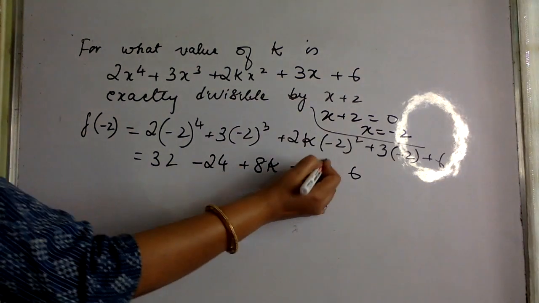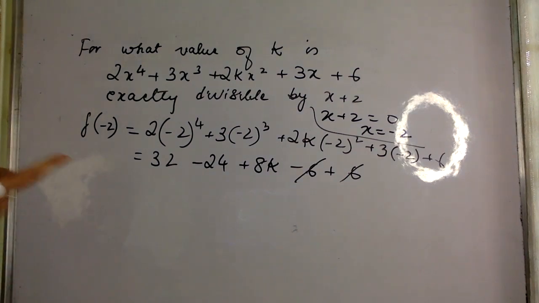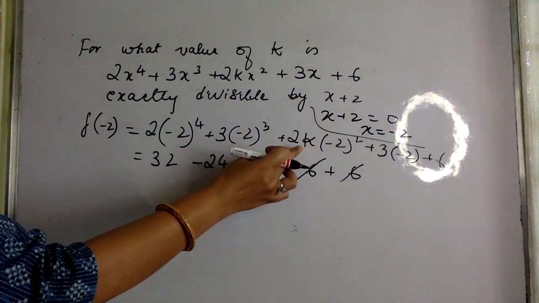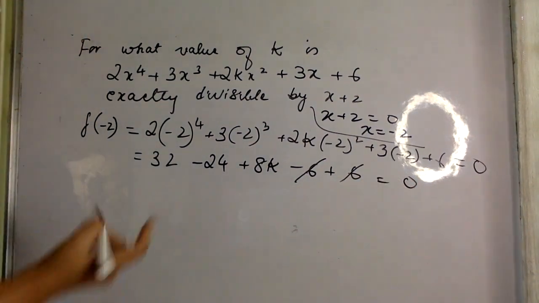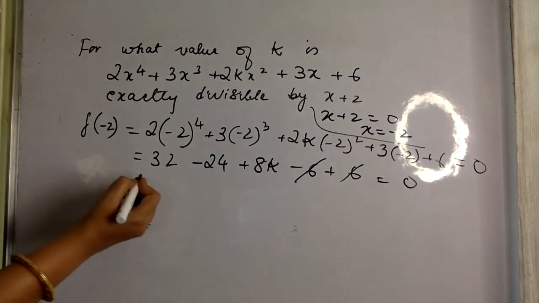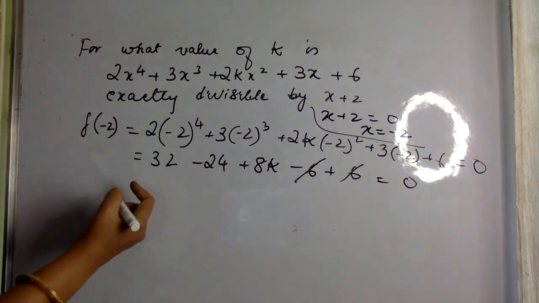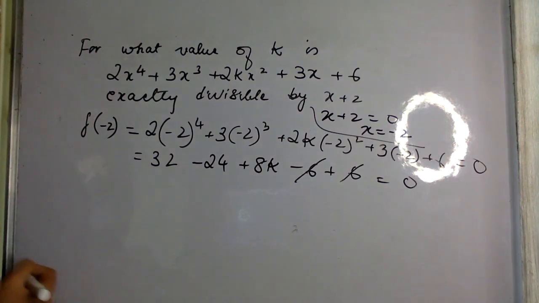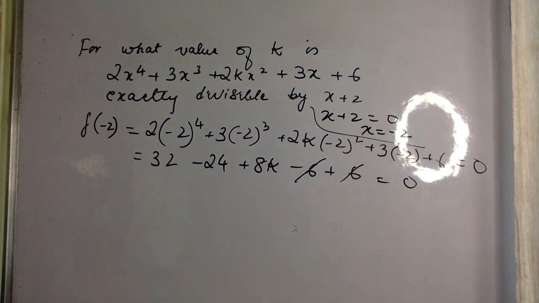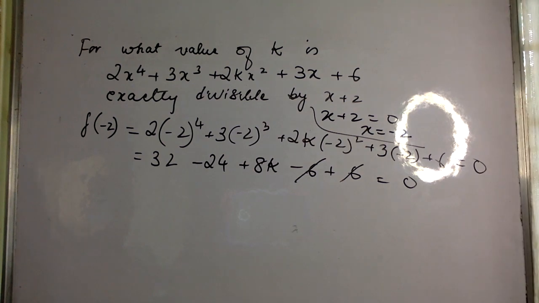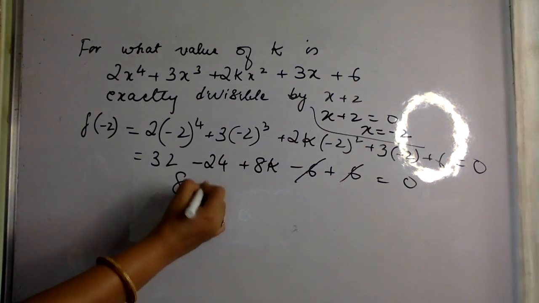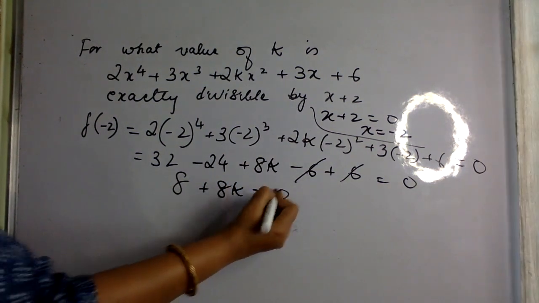Then I can cancel this out, and since they have told us this is a factor of this, we can equate it to 0. Now this comes to how much? 32 minus 12 is 8. 8 plus 8k is equal to 0.